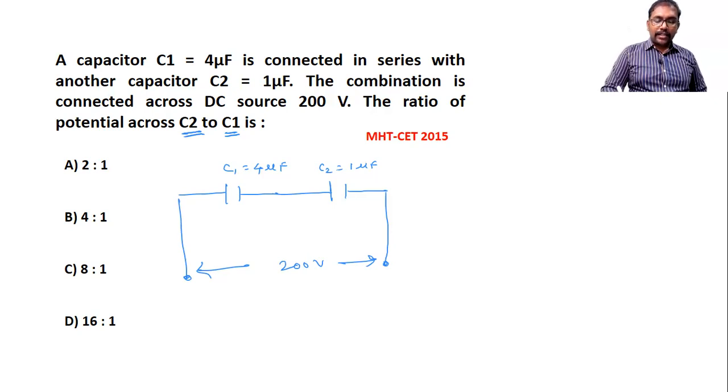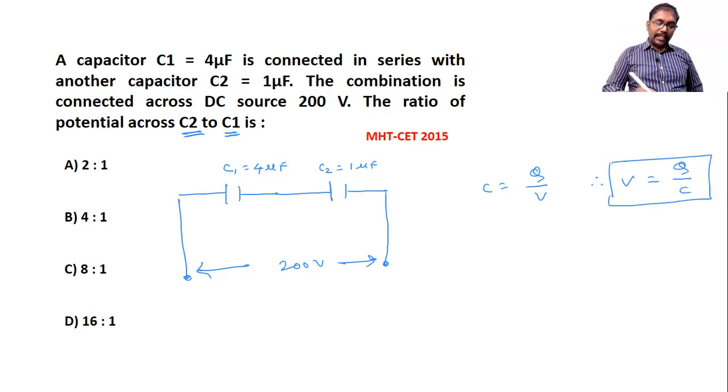So we know that C is equal to Q by V. Hence we can write V is equal to Q by C. So this is the formula. Now here Q is the charge. The battery sends the charge Q, and the same charge Q moves through both the capacitors. So charge Q is the same.